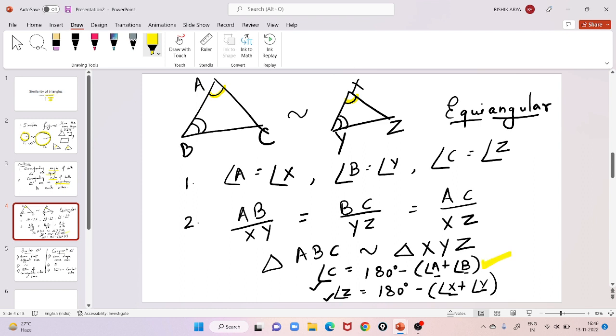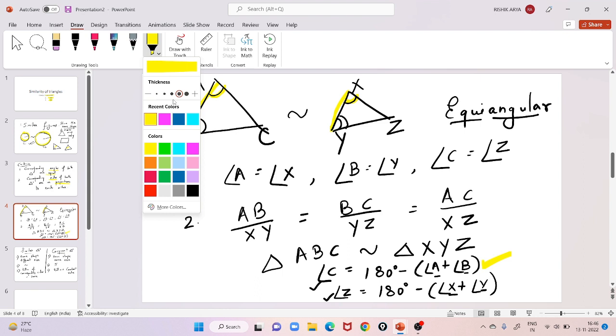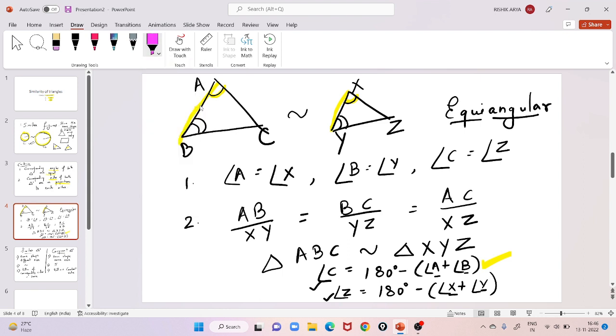Now the second condition was that corresponding sides should be in proportion to each other. It means that if we consider this first side, then we have to take this side. Okay, the ratio of these will be equal to, if we consider the second one, like if we are taking BC side, then you have to take YZ side, their ratio.